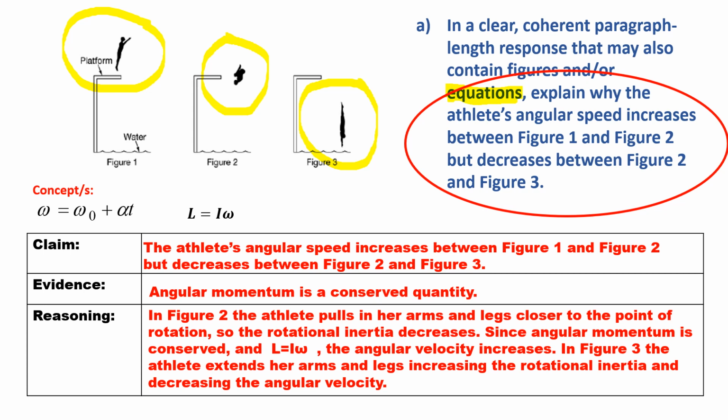So explain over here that in figure 2 the athlete pulls in her arms and legs closer to the point of rotation. When it says contain figures, make sure to cite the specific figure from the problem. So the rotational inertia decreases. The rotational inertia I increases when your radius increases, and decreases when you curl up.